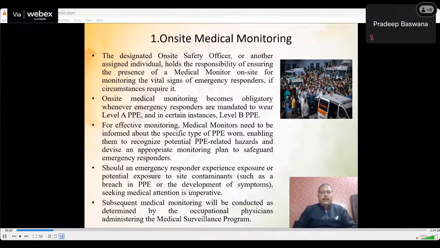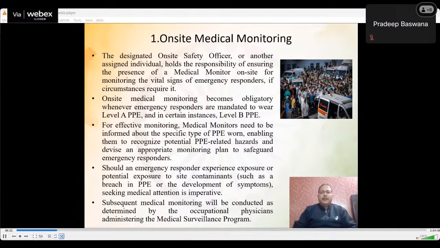If an emergency responder experiences exposure or potential exposure to site contaminants, such as a breach in PPE or the development of symptoms, seeking medical attention is imperative. So it is also the right of that particular person, and it should be the responsibility of the organization whosoever is sending any person on the site for catering to the situation, that they should know about the contaminations and what will happen if the person is showing some uncertain symptoms.